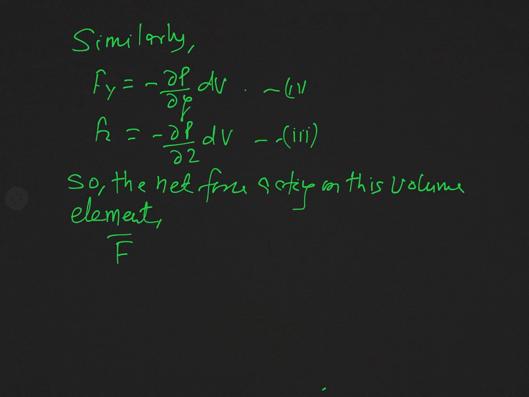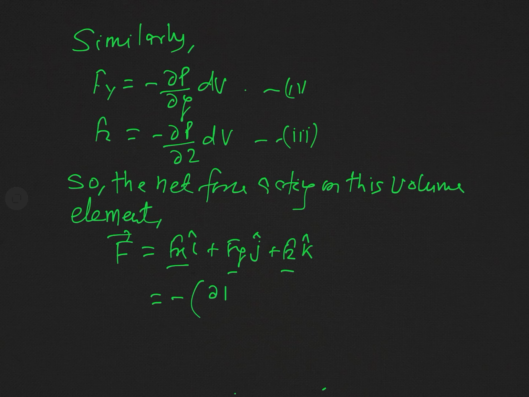If we write the net force as F, this F will be Fx i plus Fy j plus Fz k. And as I have calculated the values of Fx, Fy and Fz, let us substitute those values. You see that dV is the common factor, and minus can also be taken as a common factor.